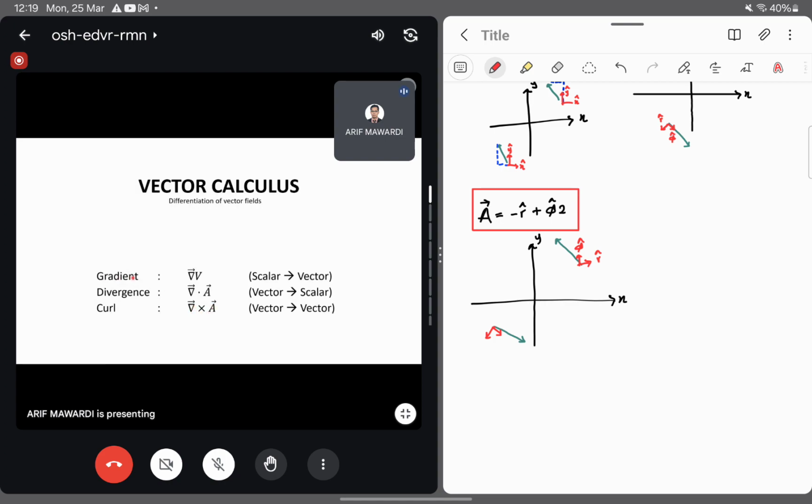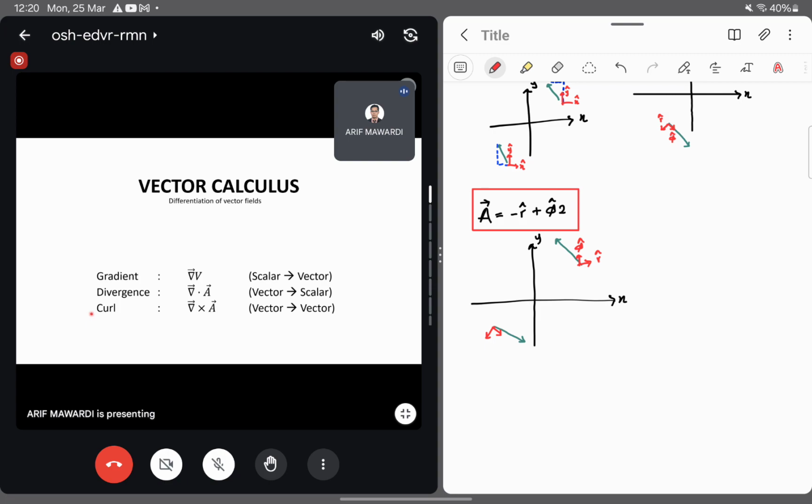For the gradient, you can only calculate the gradient of a scalar field. And when you calculate the gradient of a scalar field, you should get a vector field. For the divergence, you can only calculate the divergence of a vector field, and you should get a scalar field.